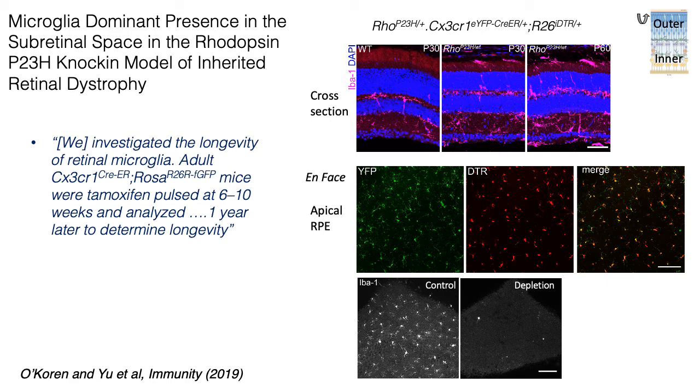that are on the apical side of the RPE are largely DTR positive, lineage tracing them, therefore, to endogenous microglia. And exposing these mice to diphtheria toxin, in the bottom panel you can see it ablates these cells specifically.